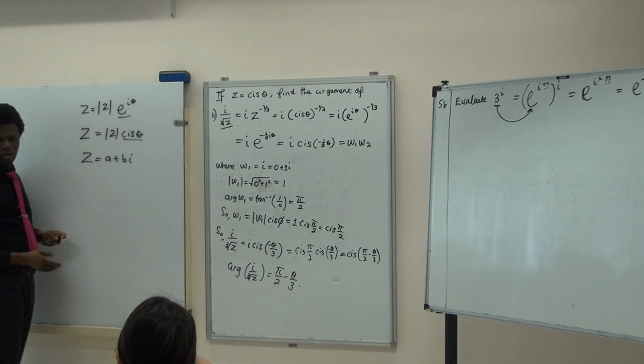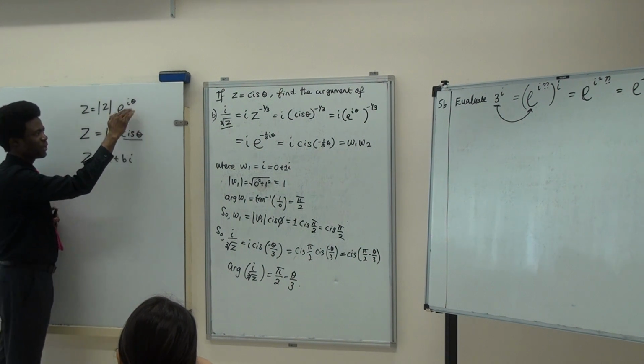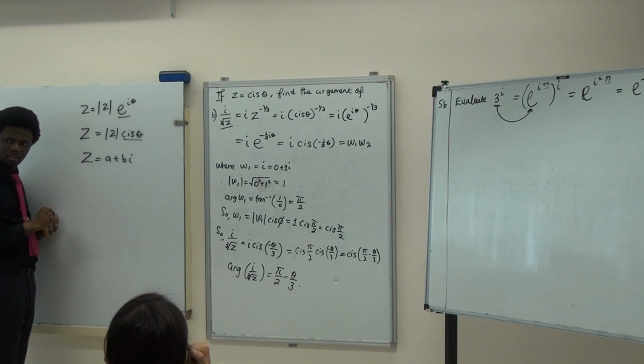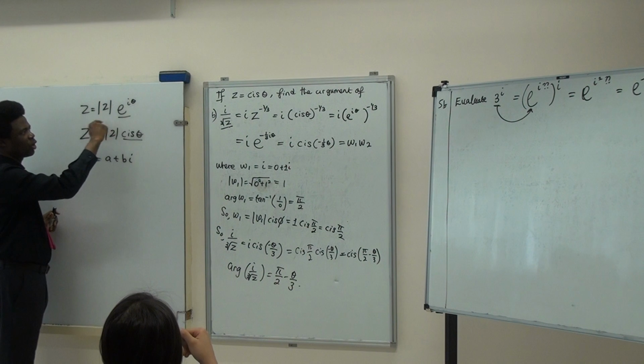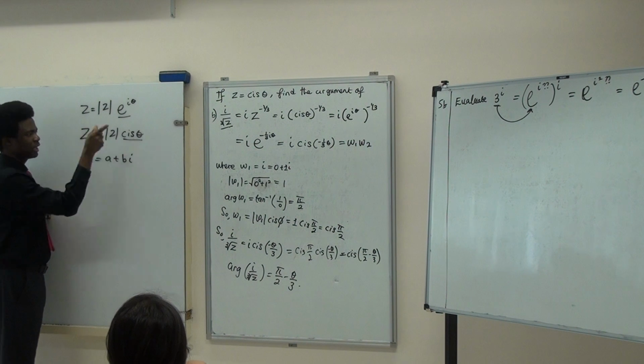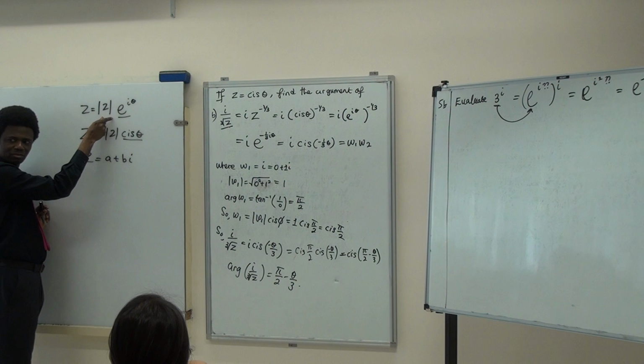Yesterday, from your previous assignment that a group solved, cis theta is the same as this, the Euler identity. So with that, we are able to get the Euler form of a complex number. You do not have to go from here, get this first, and get this first. You can go straight from here to here.